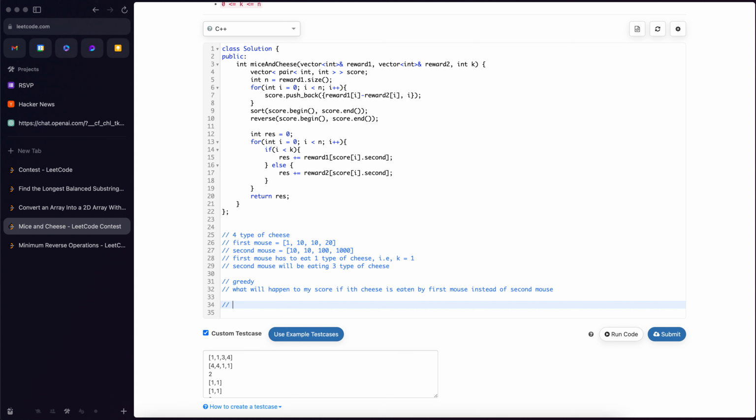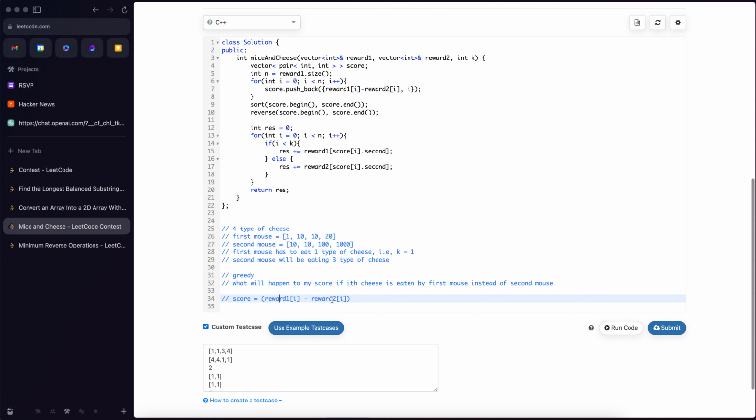So if the first mouse eats it, I will get reward 1 points, and if the second mouse eats it, I'll get reward 2 points. If I take the difference of these, this would be a good score. The higher this score, you pick it first, because the difference, if it's positive, means it's better to give that cheese to the first mouse.